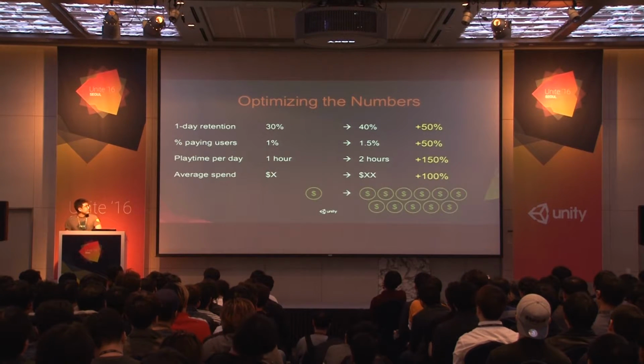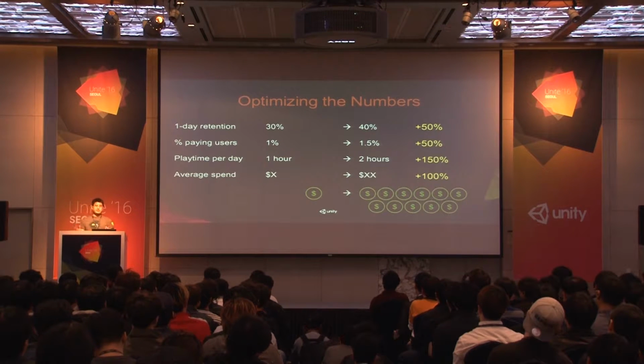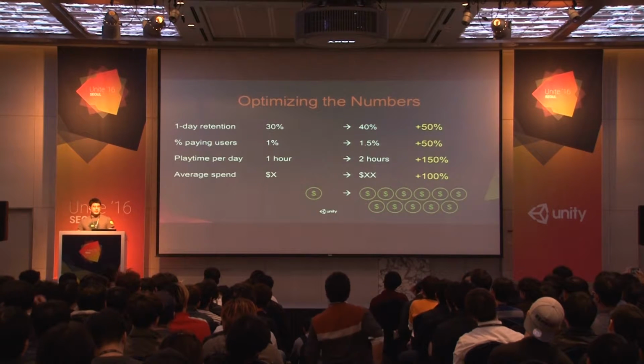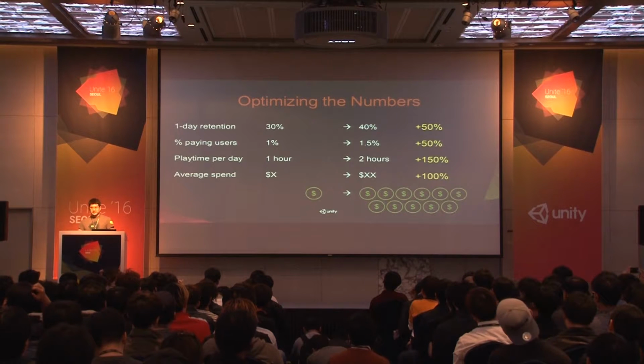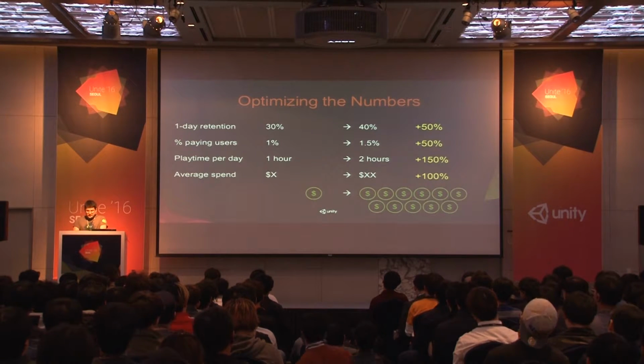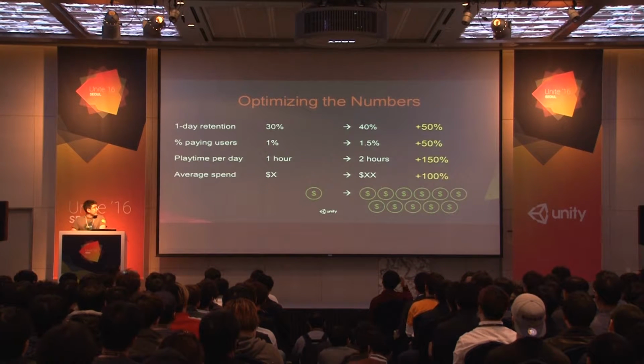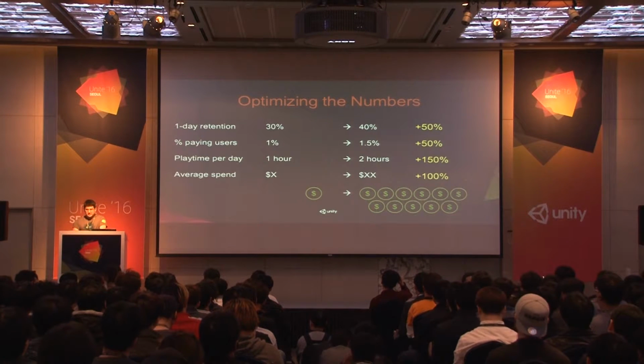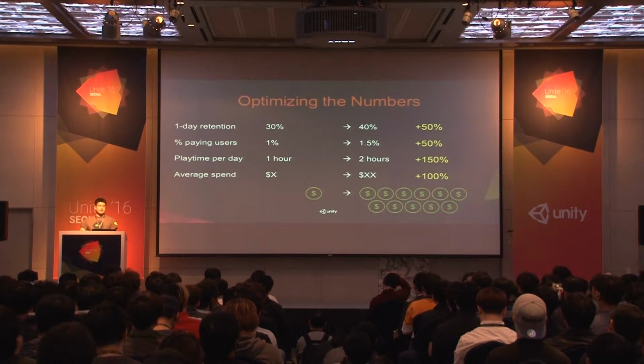So what that ends up being, with all these small improvements to your game, is a 11x increase in the revenue, because the numbers are compounded. So these numbers are a little bit dramatic of an increase, but sometimes this actually happens in reality when you're making your game.